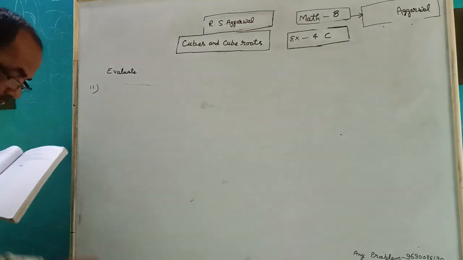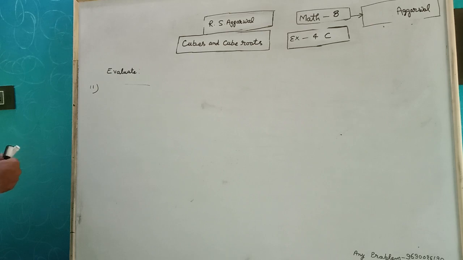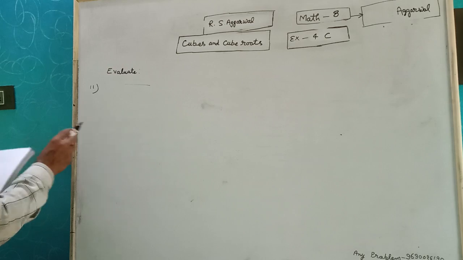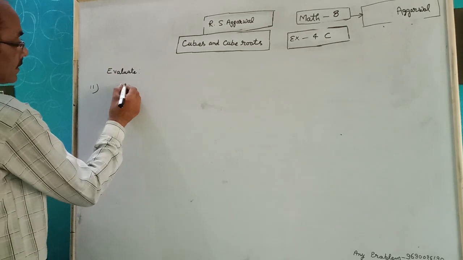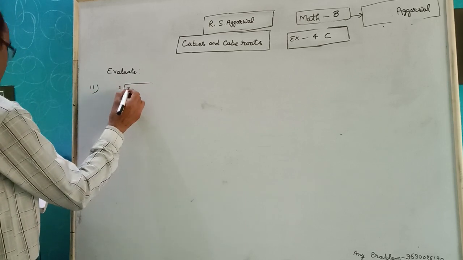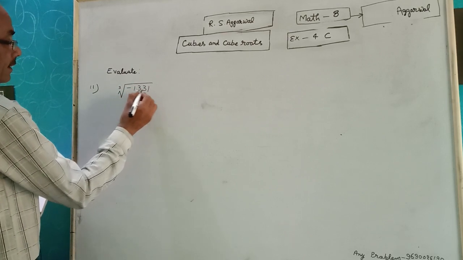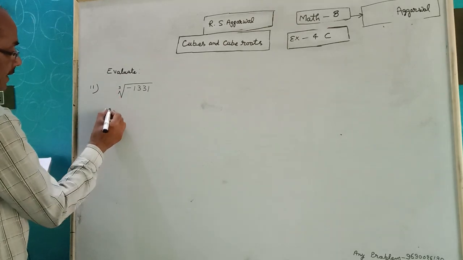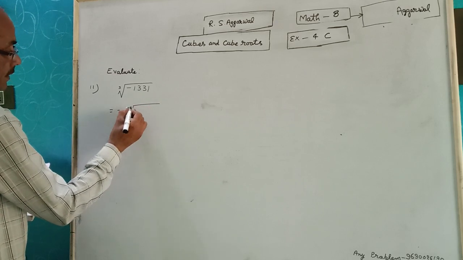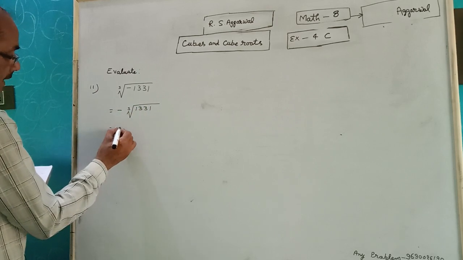Cube root of minus 1331. Minus put the outside from the cube root. 1331, minus is.